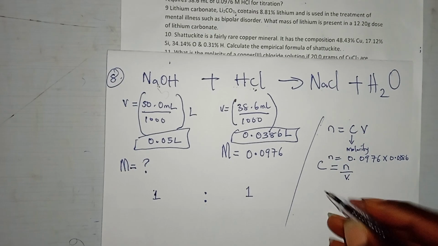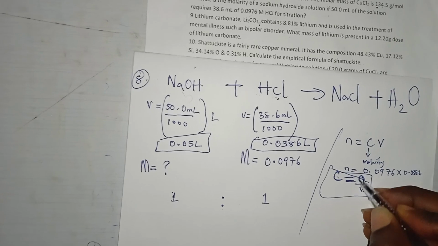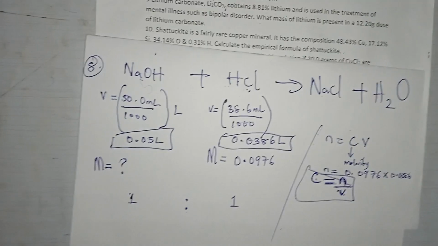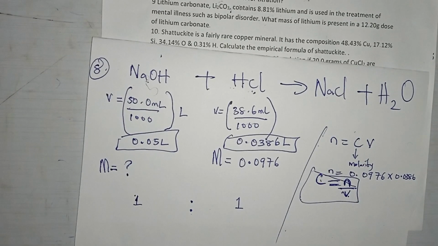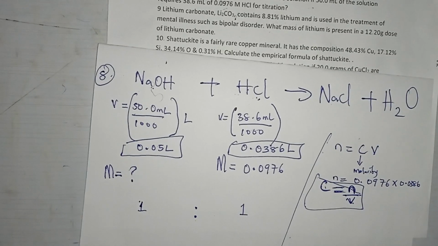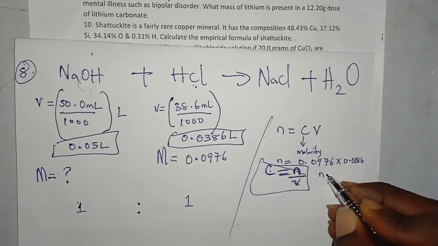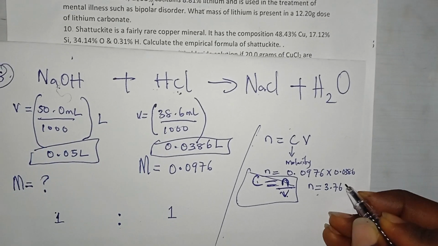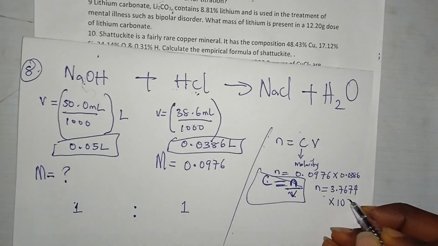So when you do the punching, the mole will be 0.0976 times 0.0386. We'll get the mole to be equal to 3.7674 times 10 raised to power minus 3.